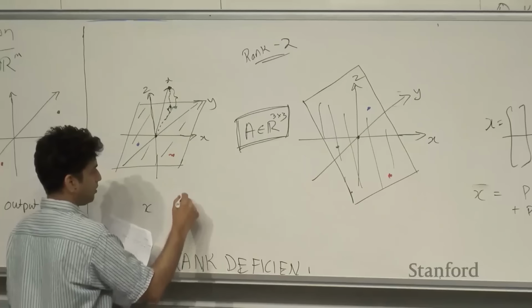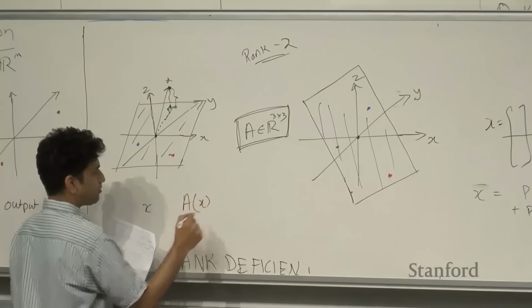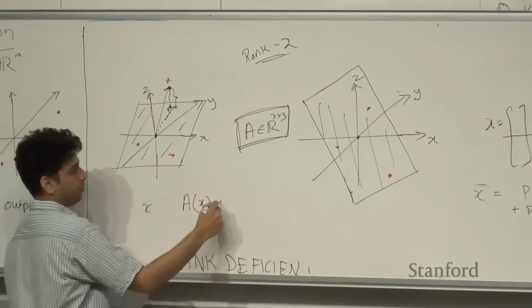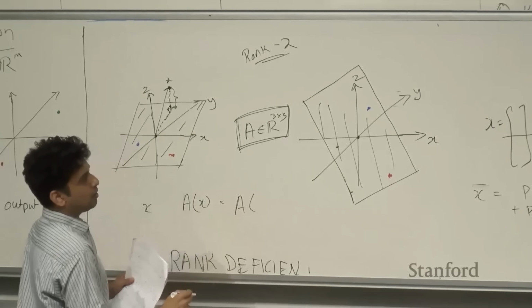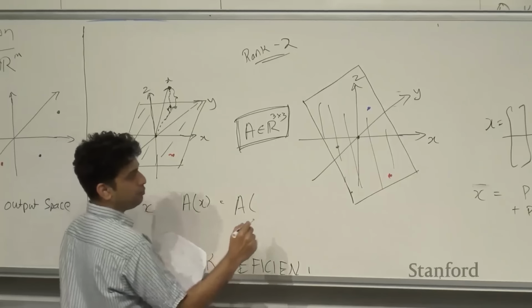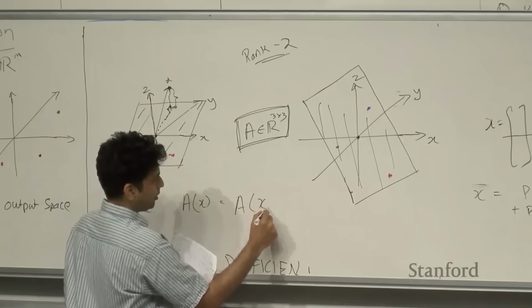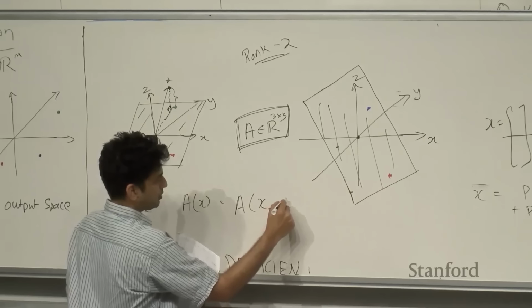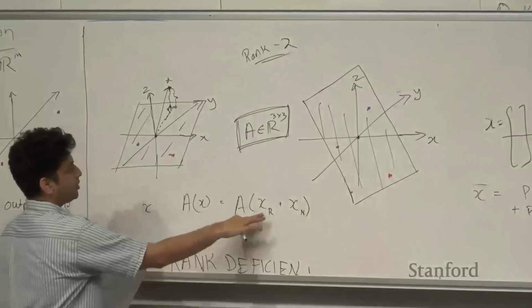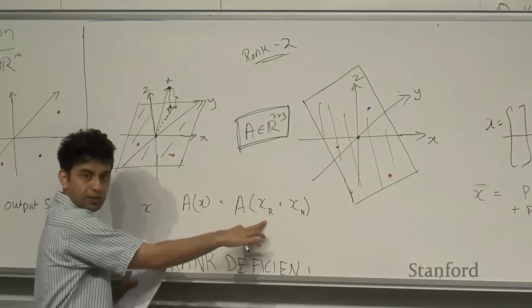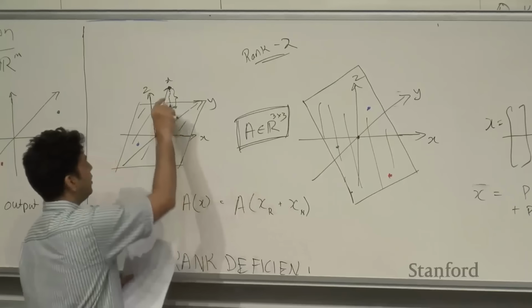A of x is going to be A of, I'm going to abuse notation and write it as x_r plus x_n, where x_r is the projection of x onto the row space, and x_n is the residue.